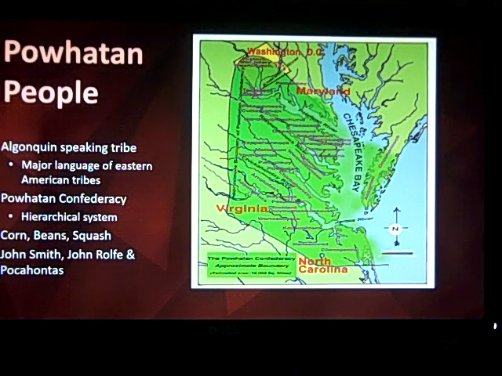There's a very hierarchical system, right? So the individual bands have some sort of chief. The Confederacy as a whole has a chief. That Confederacy chief is going to be the one that decides on things like war. But basically, there is a very complex governmental and economic system where you're providing taxes or tributes to the people that are above you in this hierarchical system, right?